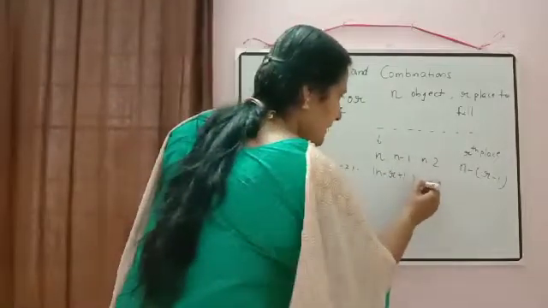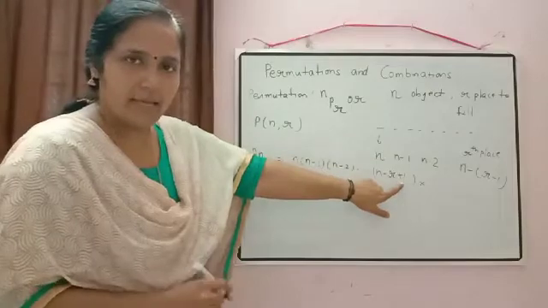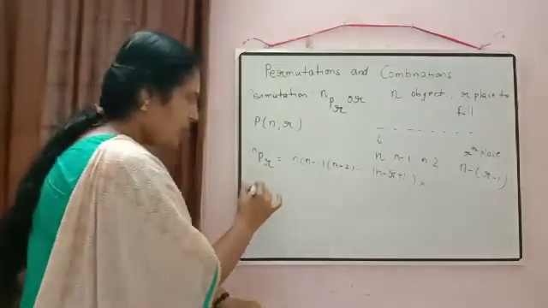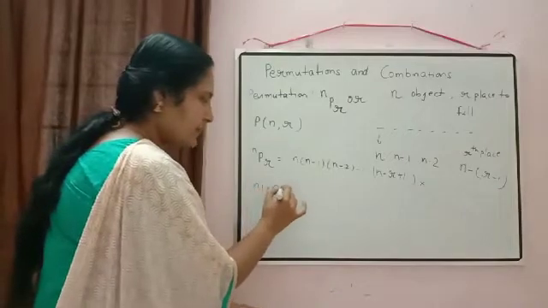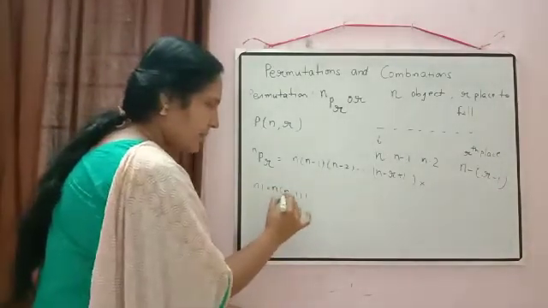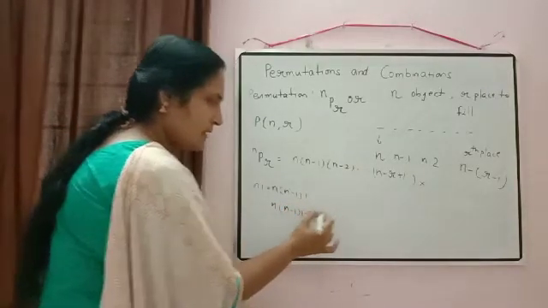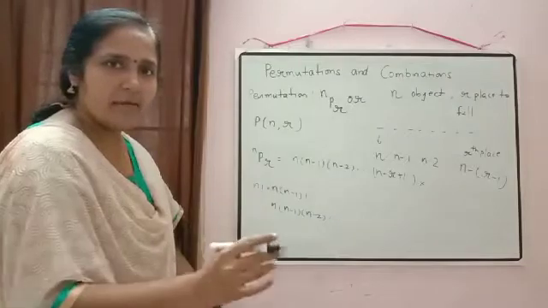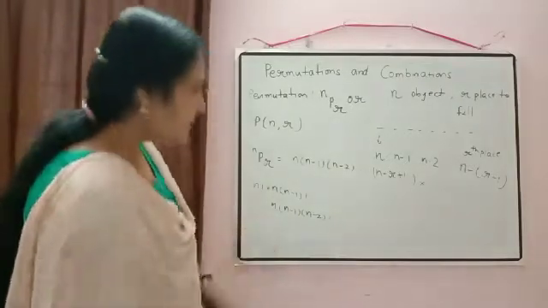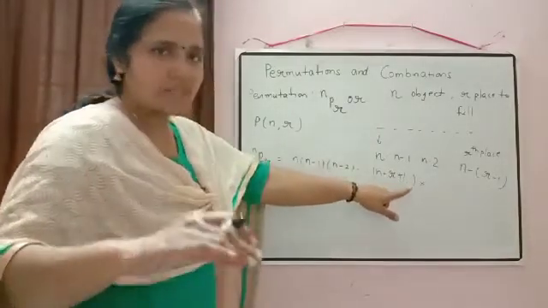So here, n minus r plus 1 is there. What will be the next one when we are using factorial? How are we writing it? n factorial can be written as n into n minus 1 factorial. Then again n minus 1 factorial can be written as n minus 1 into n minus 2 factorial. In this way we are writing, in the same way. Now we are going to change it in terms of factorial. So n minus r plus 1 is there.